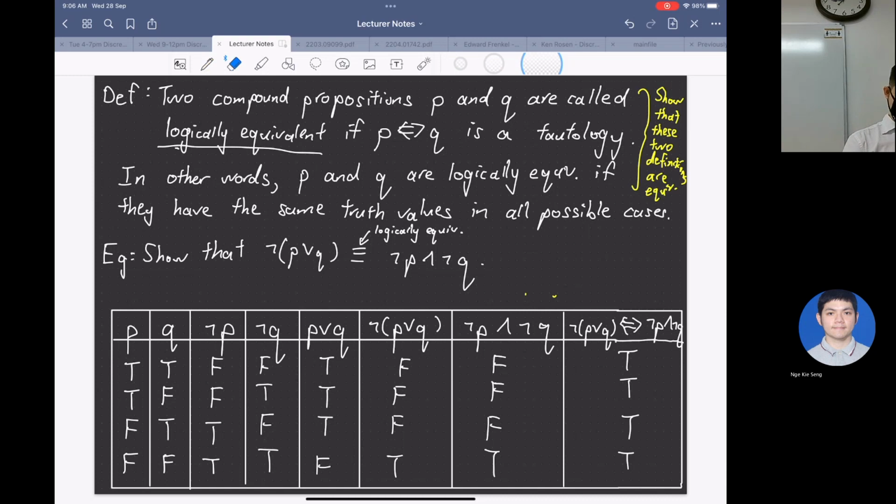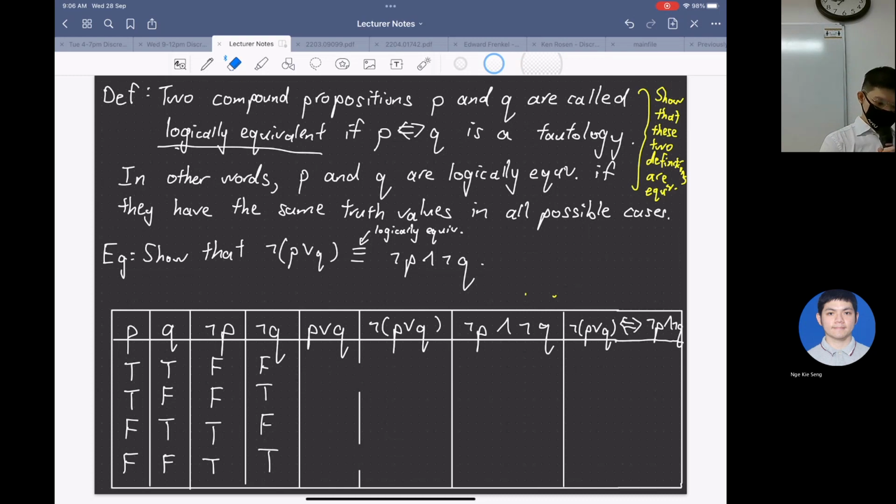Let me erase this. So for example, I want to show that not (P or Q) is logically equivalent to not P and not Q. This is the notation for logically equivalent.